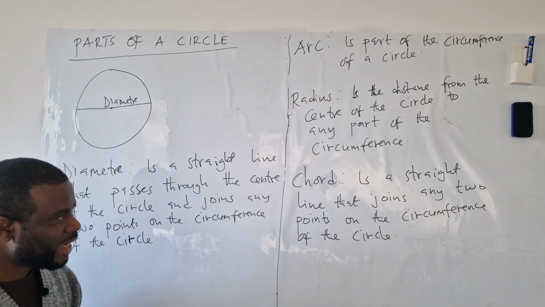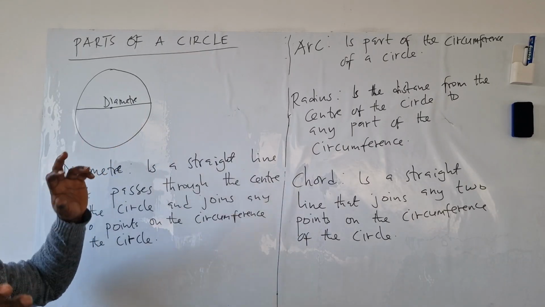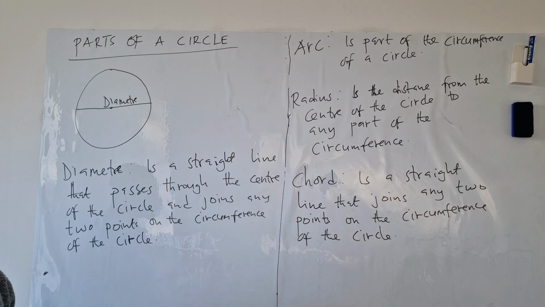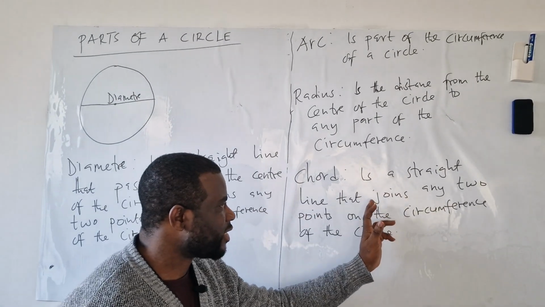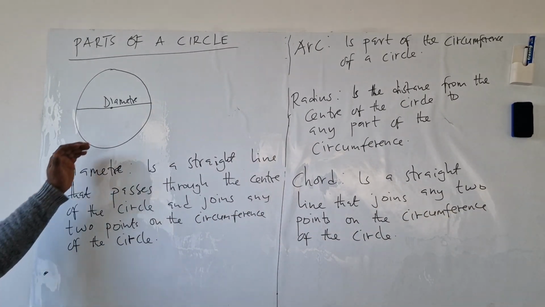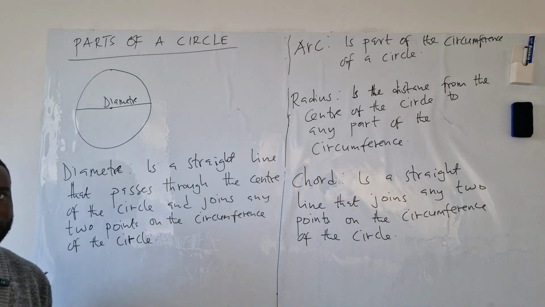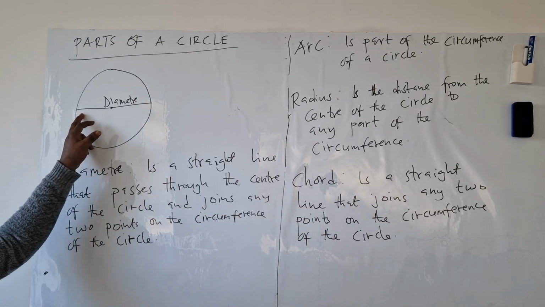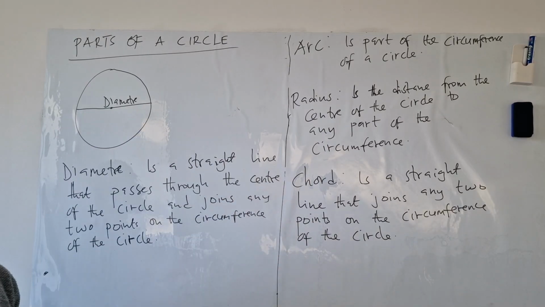And it's a straight line that joins any 2 points on the circumference of a circle. And a chord, we define as a straight line that joins any 2 points on the circumference of a circle. So the diameter is also that straight line joining 2 points on the circumference. So it's a chord, just that this one passes through the center of the circle, right?